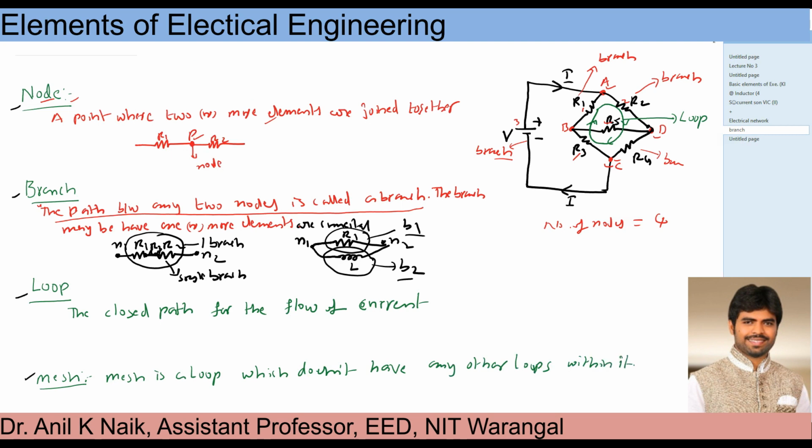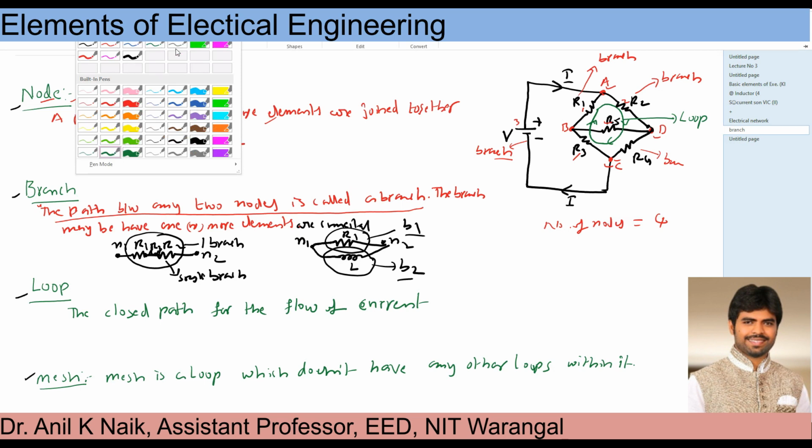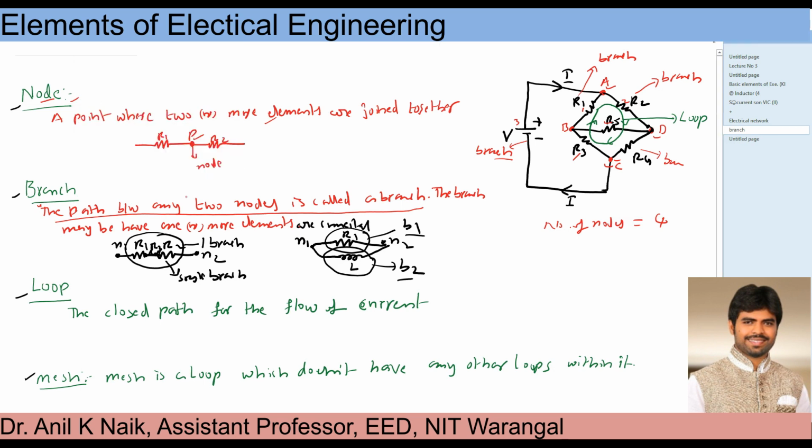So that is the statement for this particular mesh here. A mesh is a loop, but it does not have any other loops. For this loop, if you consider, there is another loop also inside, isn't it? So if I consider this as a loop here, this loop can be taken as a mesh.